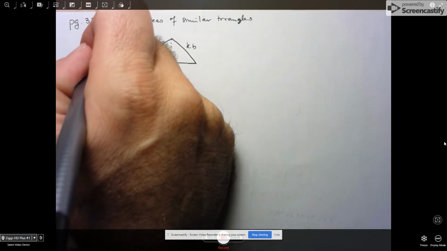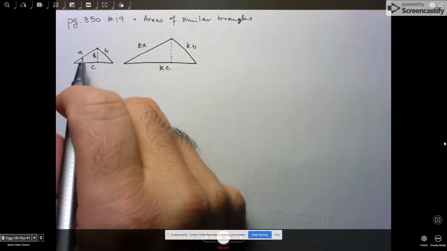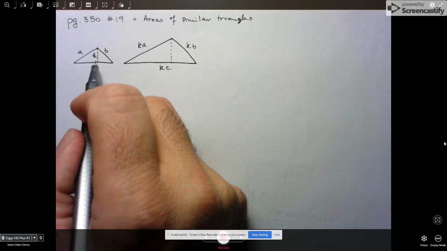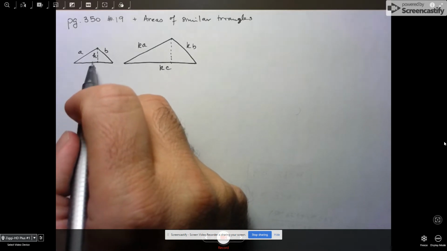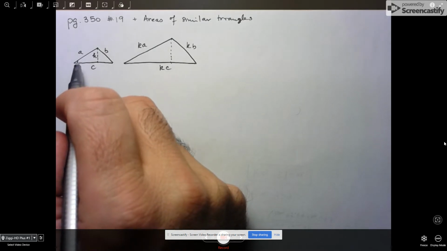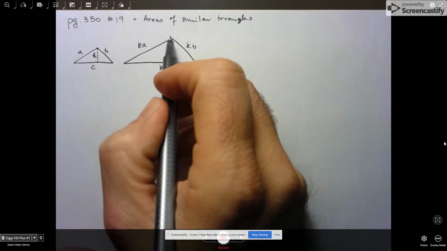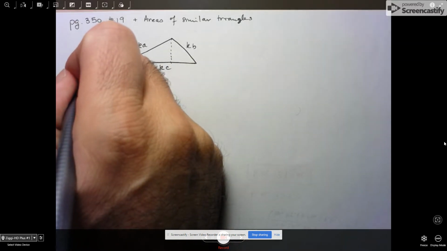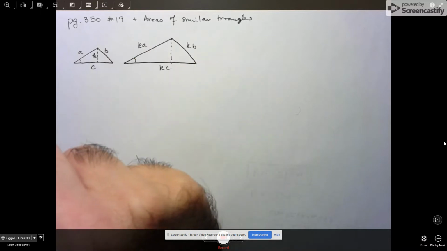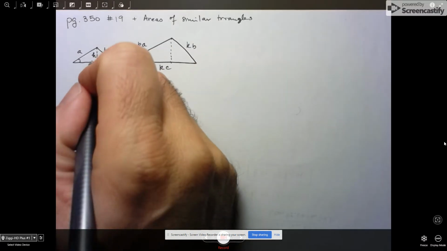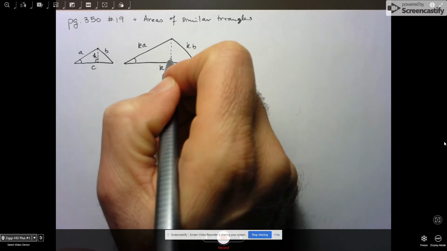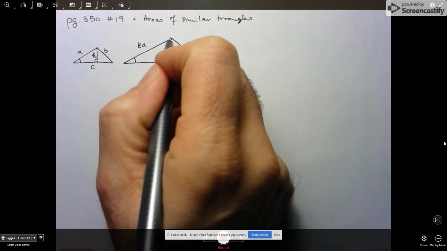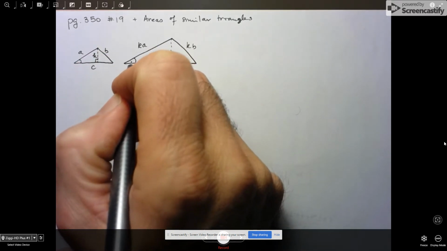So let's say we call this smaller one H. This is where I want you to look at the right angled triangle that I've created on the left in this small triangle and this right angled triangle here. These two angles are the same, all right? And of course, they're both right angled triangles. So in other words, these right angled triangles that I've just created are also similar.